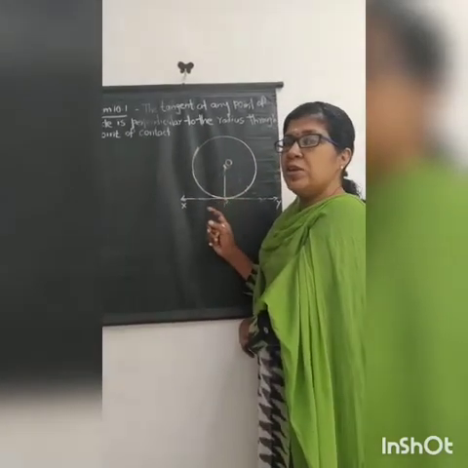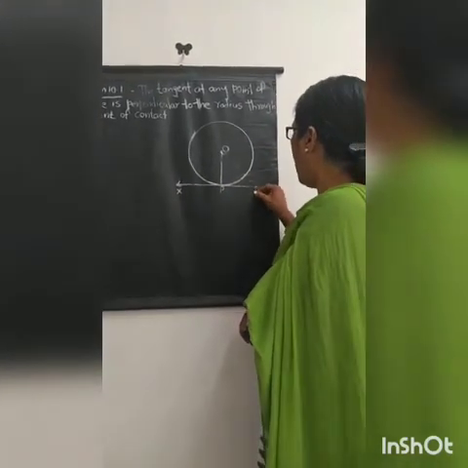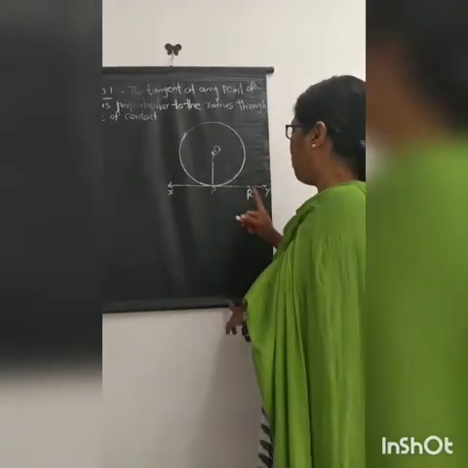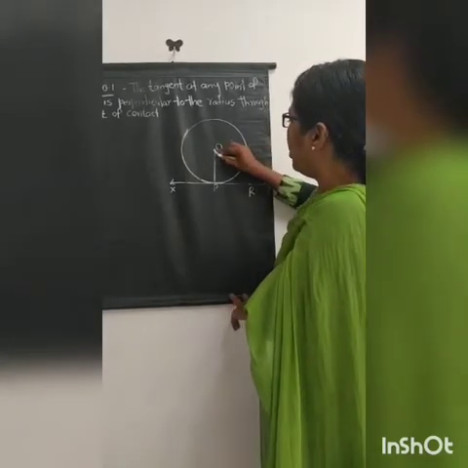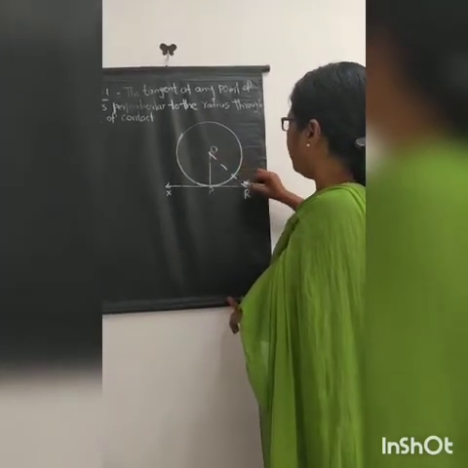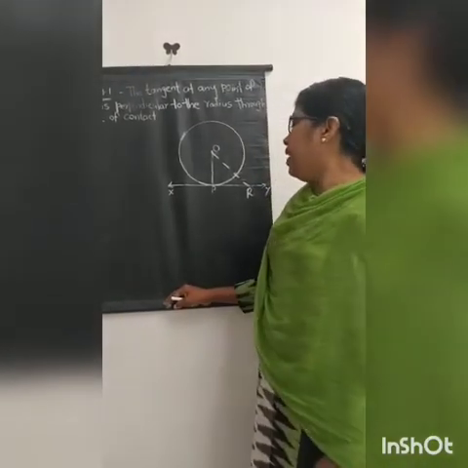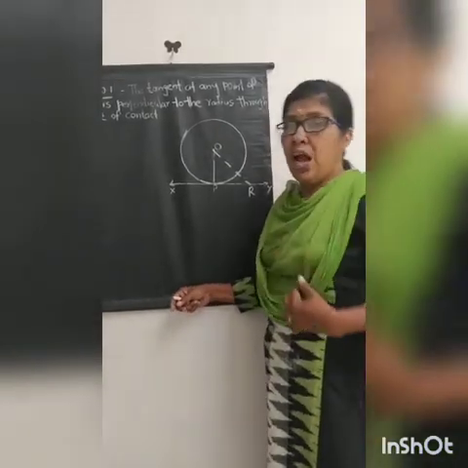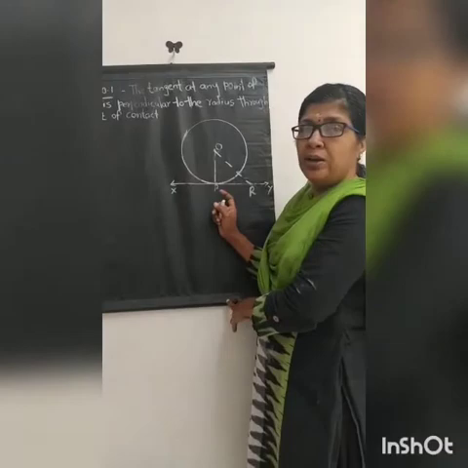For proving this, we need one construction. We have to take a point R on XY other than P and join OR. Now we can prove. Here P is a point on the circle. Then R is lying outside the circle. What about the distances OP and OR?